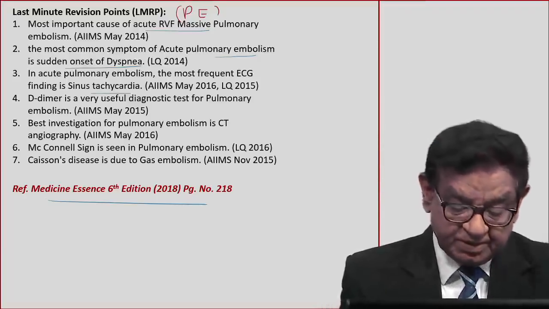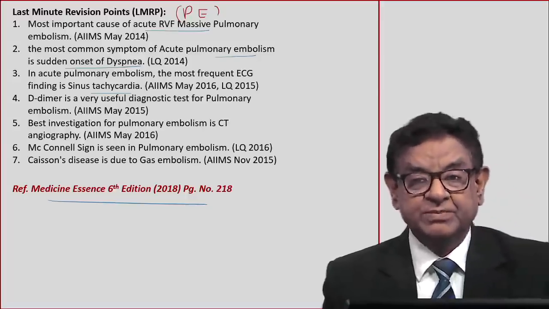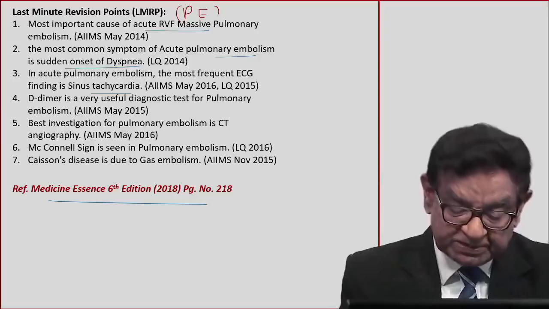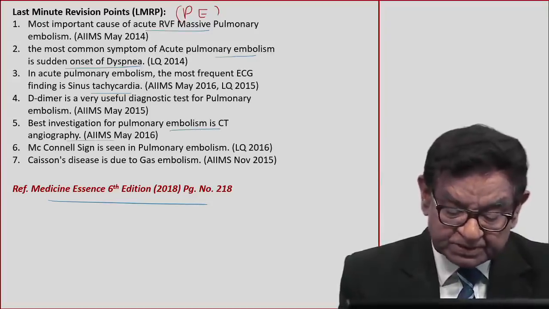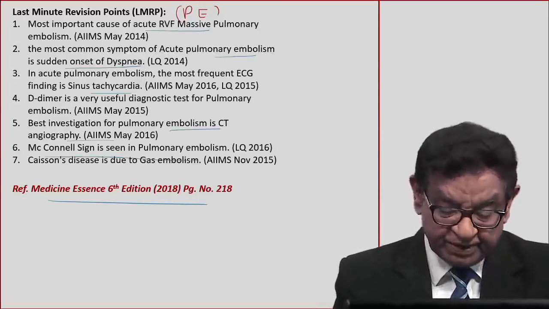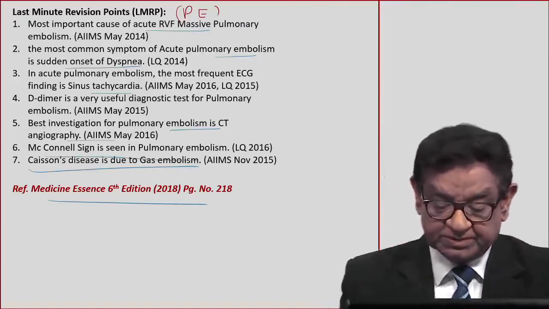D-dimer is a very useful test for pulmonary embolism; it is a test to rule out pulmonary embolism. The best investigation is CT angiography. Maternal sign is seen in pulmonary embolism on echocardiography, and Kazan disease can lead to gas embolism.